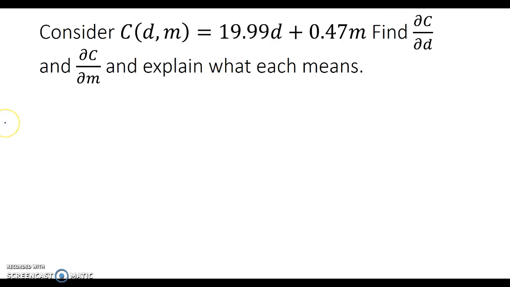Okay, well, first of all, we know from our definition that this notation, the partial of c with respect to d, means that d is the input variable, and we are holding m constant.